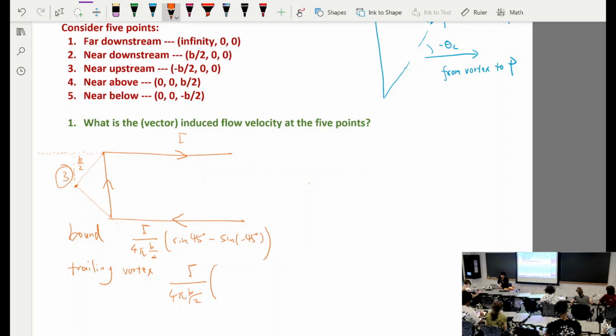And now what are the angles? If we think again in plus and minus angles, what is the plus angle that corresponds to the most positive side of that vortex? 90 degrees. Any other answers? Correct, 90 degrees, right? It extends all the way to here.